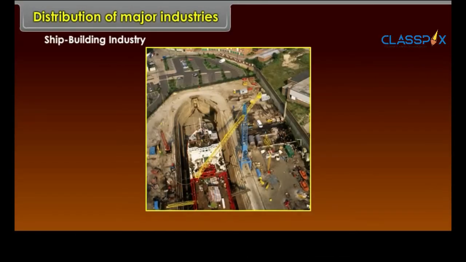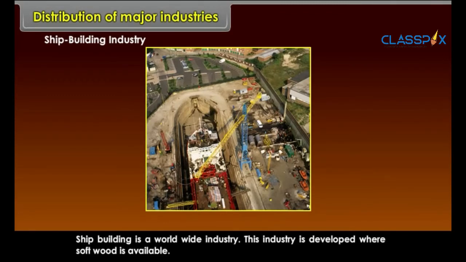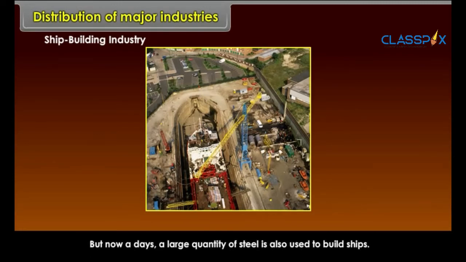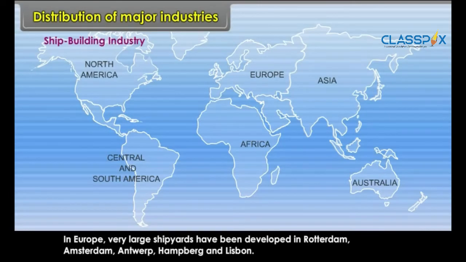Shipbuilding industry. Shipbuilding is a worldwide industry. This industry is developed where softwood is available. But nowadays, a large quantity of steel is also used to build ships. In Europe, very large shipyards have been developed in Rotterdam, Amsterdam, Antwerp, Hamburg, and Lisbon.